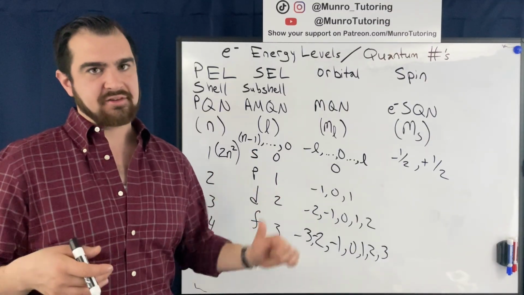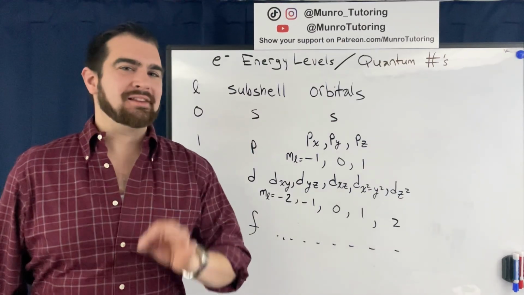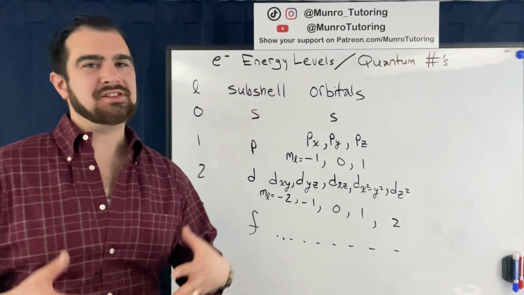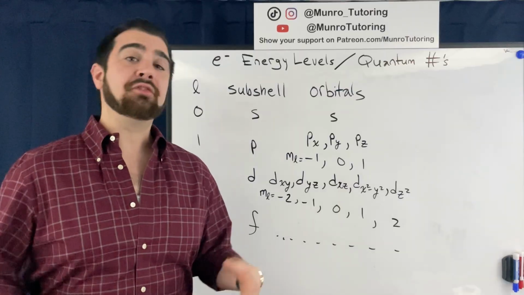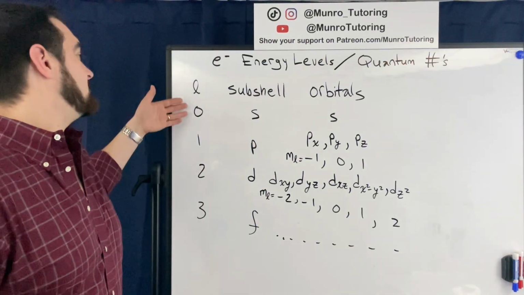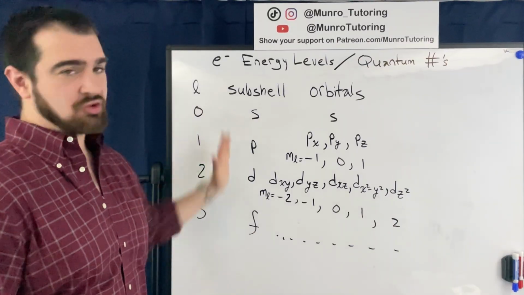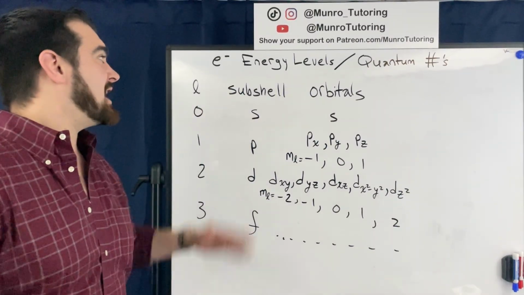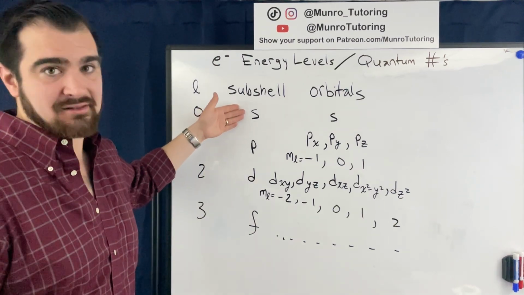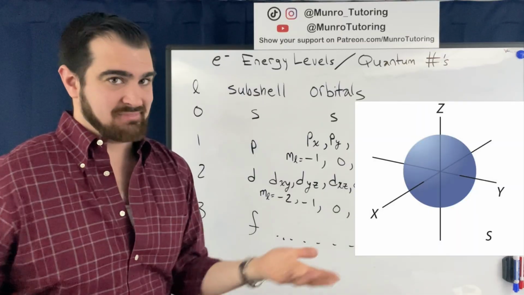So I wanted to show you guys real quick what these orbitals look like. So if we look at the subshells, S, P, D, and F, we have L is equal to 0, 1, 2, and 3. Just remember, this is just a numerical correlation to what the subshells are. And now the subshell S type only has one orbital, so the orbital is just the S, right?